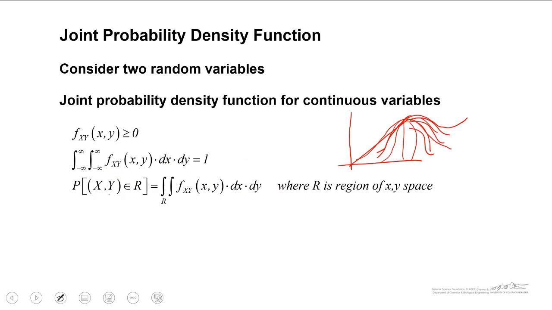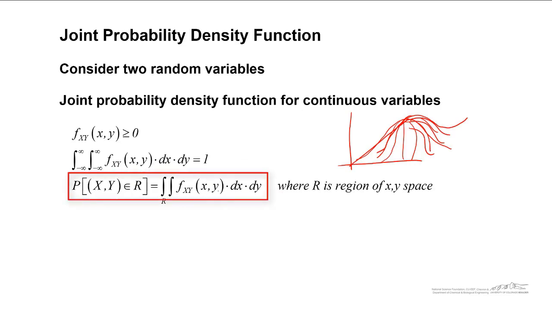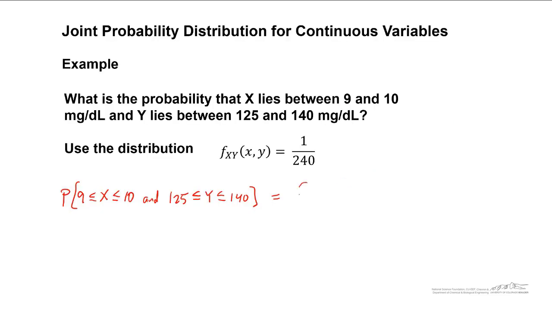Going back to probability, we can get it from double integrating or calculating the volume underneath a curve. We integrate over y first, integrating y from 125 to 140. Inside that, we integrate x. So we're interested in 9 to 10. Our joint probability function is 1 over 240, and that's dx dy. The inside here is just going to be 1 over 240.